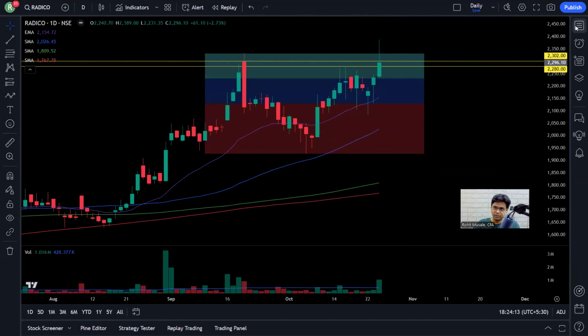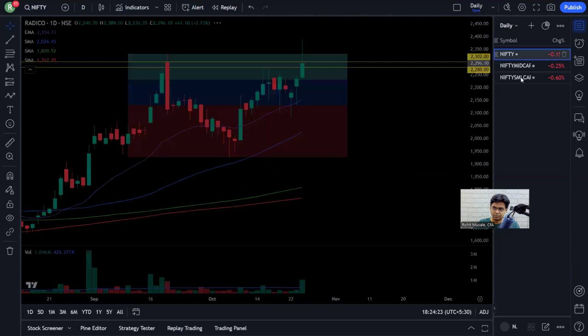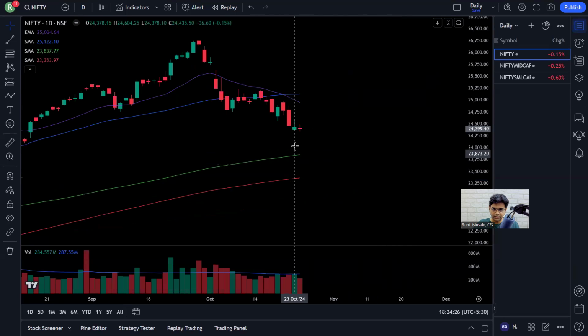More importantly, if you notice, on 23rd October, the stock went up 2.5%. But the Nifty on 23rd October went down 0.15%. So imagine a stock which goes up 2.5% in a day on a day when the index is down 0.15%.